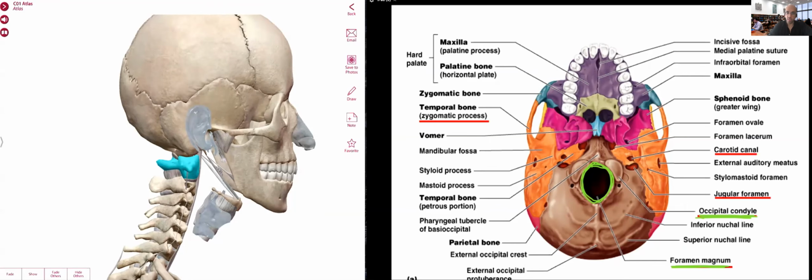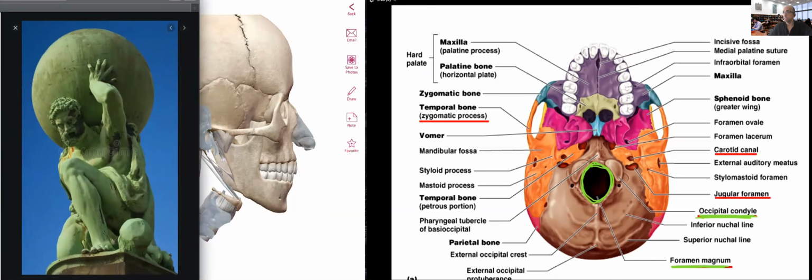So Atlas in Greek mythology is a god, and he is holding the earth on his back. So like the book that holds the maps, this is Atlas on here.